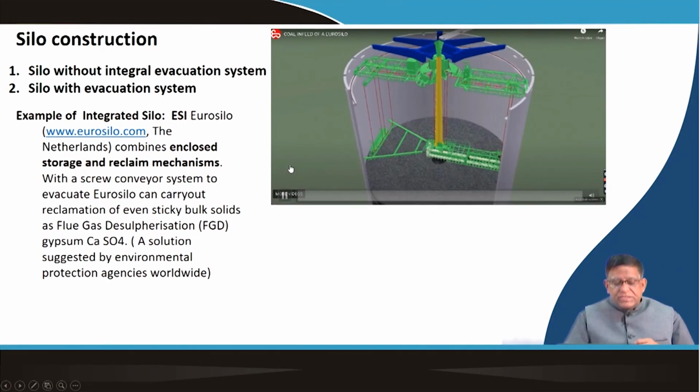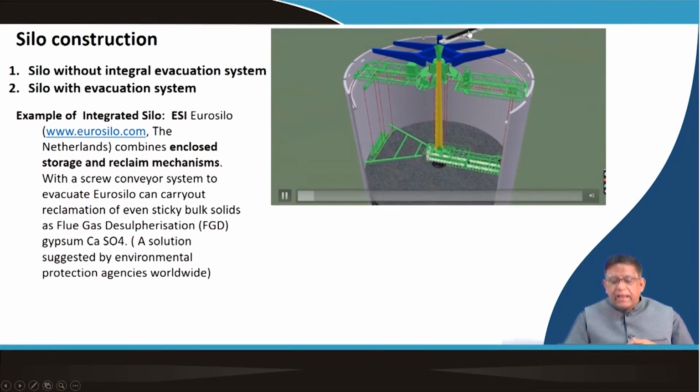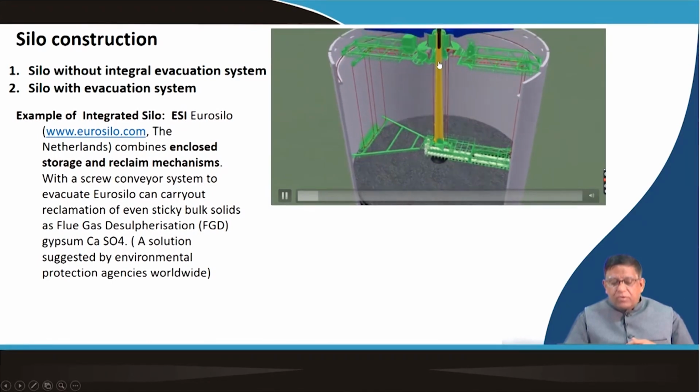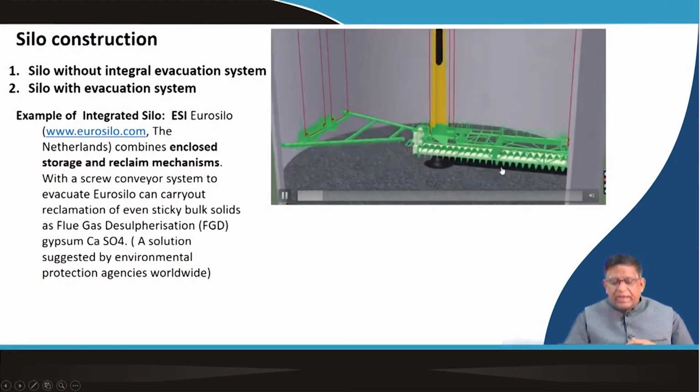The material comes from the supply system, a conveyor belt brings the material from one end, and then it goes and gets stored in this.